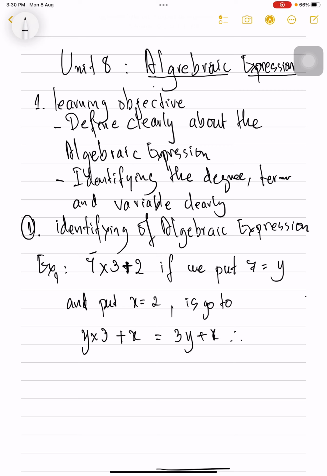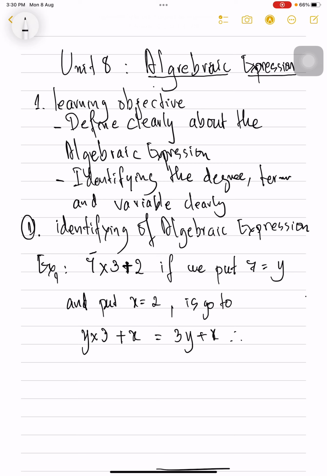Why do we call this the algebraic expression? Because we can see the letters y and x, which we call variables. So what is the variable? The variable is a letter from A to Z which is frequently used in algebraic expressions, like x, y, or z, or a, b, m, n.